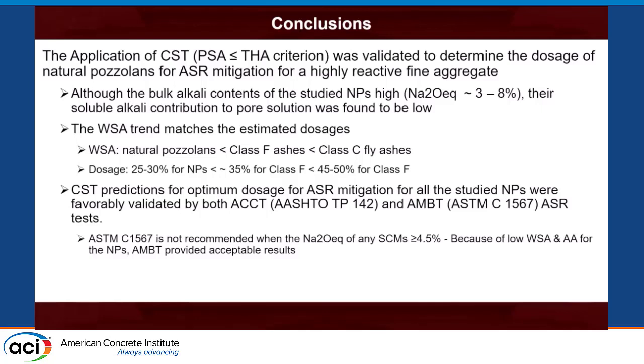Now the important thing is 1567 recommends that if any SCM's sodium equivalent is more than 4.5, you should not do 1567. That's the current recommendation in ASTM. The reason, we now know the reason. If it contributes more soluble alkali, don't do 1567 because it may confuse you for sure.